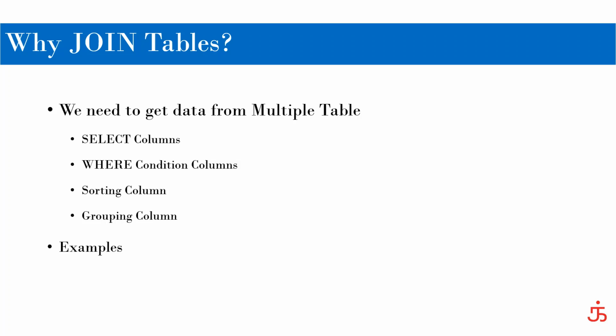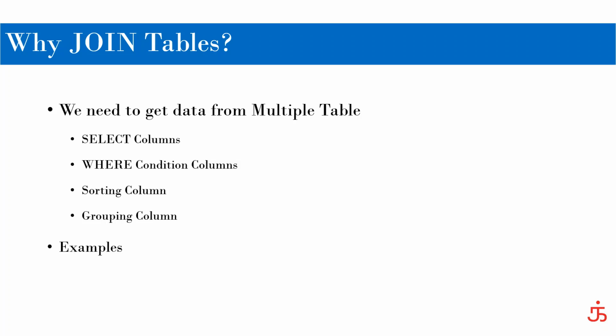Okay, so now we understand multiple tables are there in a database, and we store different data in different tables. So what is the need to retrieve data from multiple tables? Why can't we retrieve data individually from each table? We cannot do that because many times we have to combine table data.